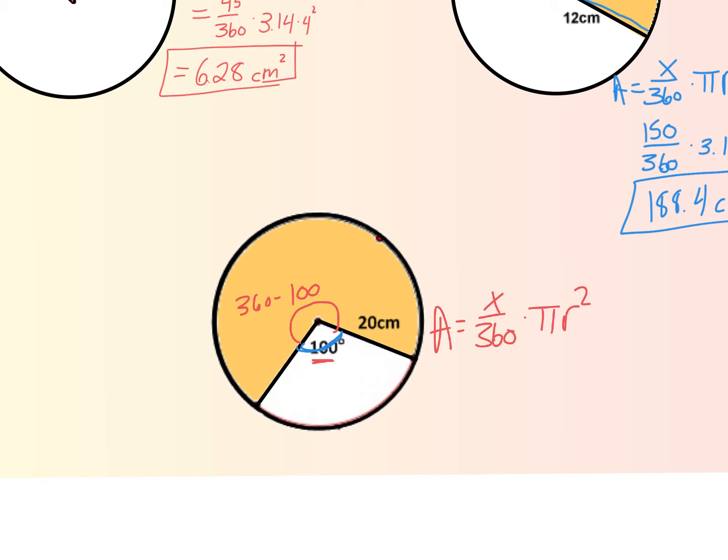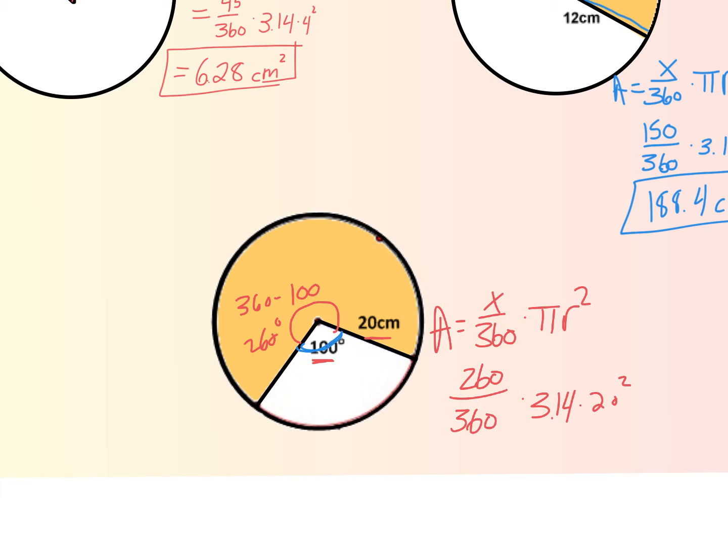That'll give us the shaded region. So we know that the angle measure for the shaded part is 260 degrees. So we got 260 over 360 times pi times our radius, which is 20, squared.